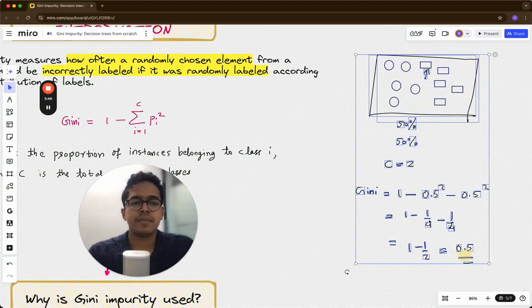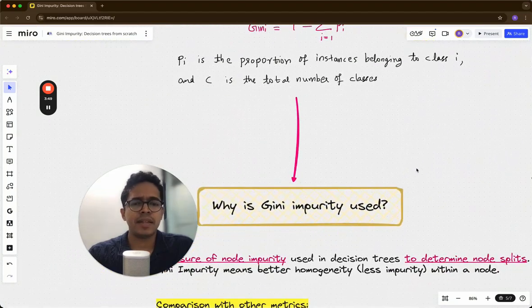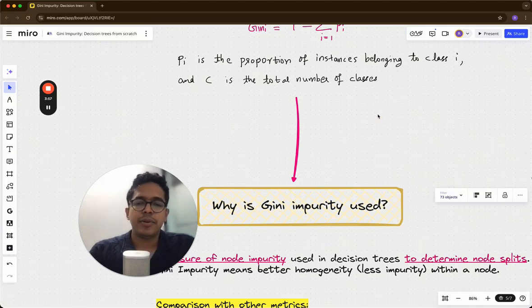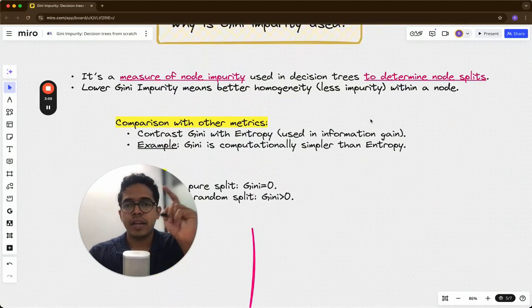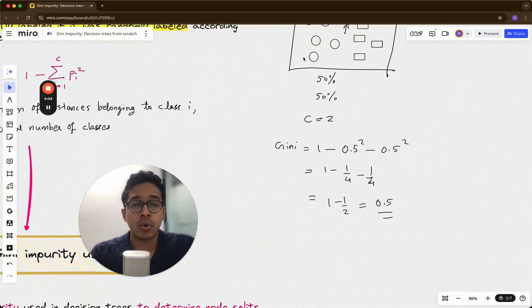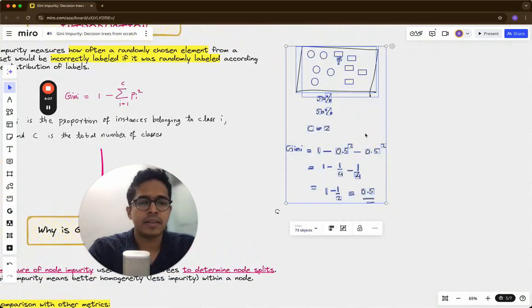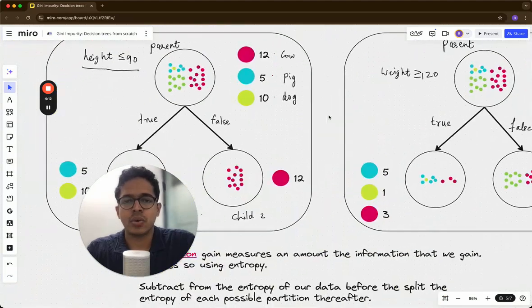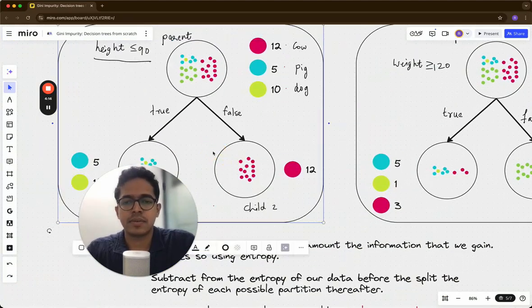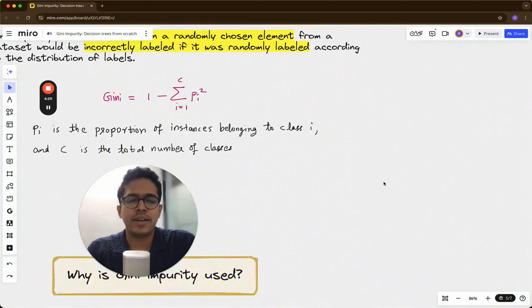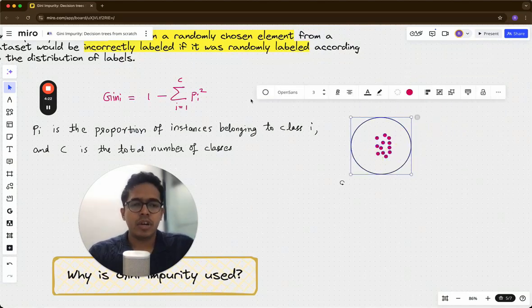So let me come back to the usage of Gini impurity in decision trees, because that is what we care about. We discussed there are pure leaves and impure leaves. Now imagine you had a node, not a leaf, which looked like this node. Here you have only one class.